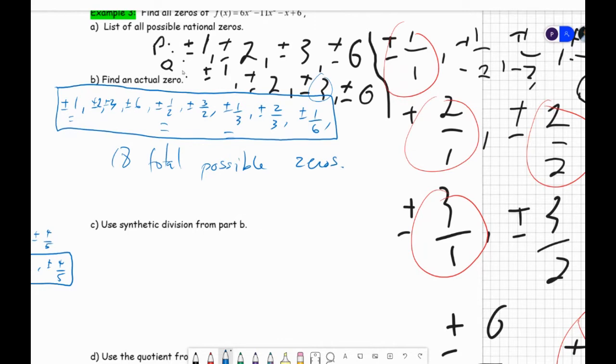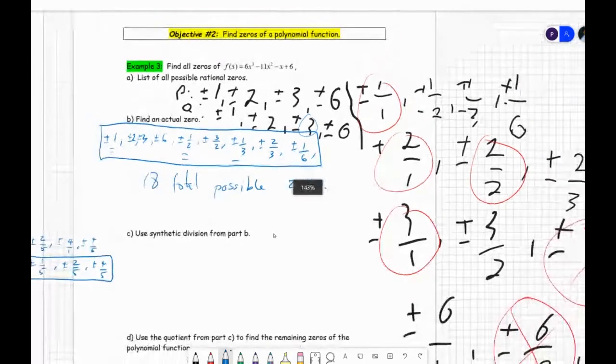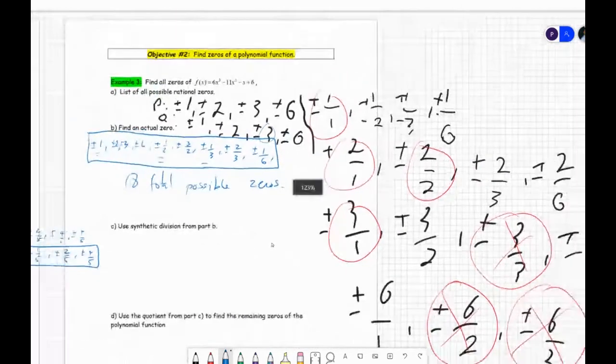Okay, so now we're going to find an actual zero. So how do we do that? So I'm going to delete all this right here, clean it up.